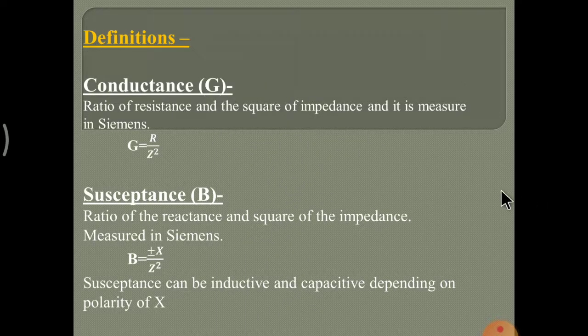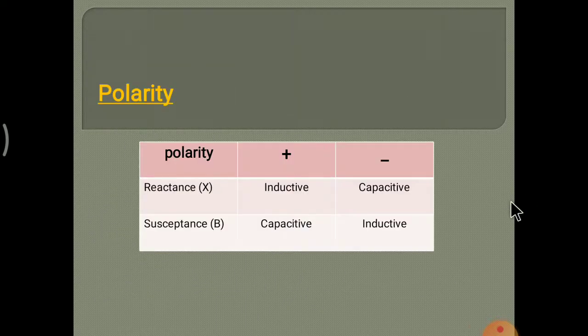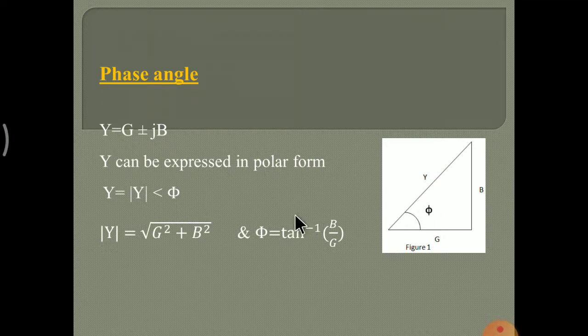That will be seen in the next slide. You can see there, Y is equal to G plus minus jB. So in the before expression, in place of G we say R upon Z square, and in place of B, that is X upon Z square.